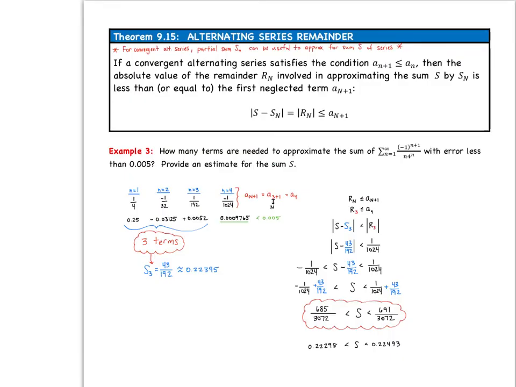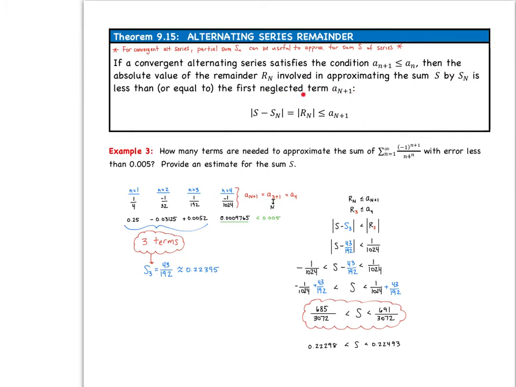This last portion kind of steps away from converging or diverging series, and we're focusing solely on alternating series remainder. So if a convergent alternating series satisfies the condition that the next term is smaller than the previous term, then the absolute value of the remainder involved in approximating the sum S by Sn, so Sn is the partial sum, S is the overall sum, is less than or equal to the first neglected term a sub n plus 1.